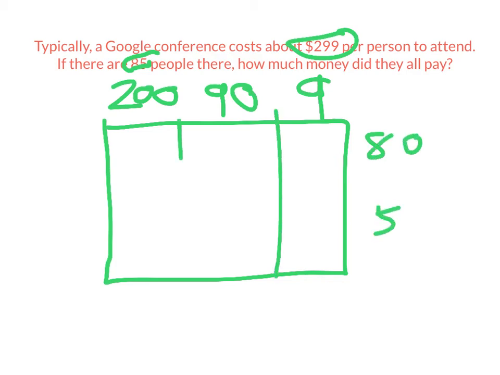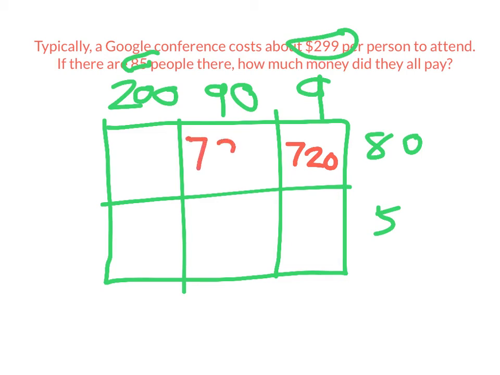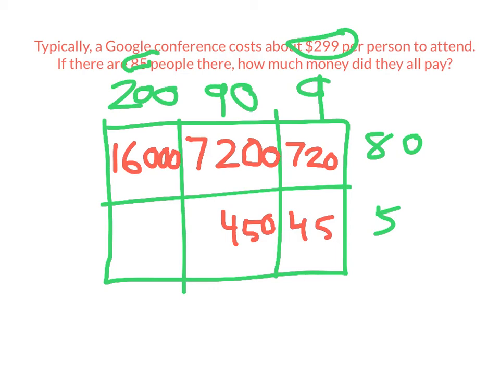Divide my box up. 9 times 8 will give me 720, or 9 times 80, excuse me. 90 times 80 will give me 7,200. 200 times 80 will give me 16,000. 9 times 5 will give me 45. 90 times 50 will give me 450. And 200 times 5 will give me 1,000.